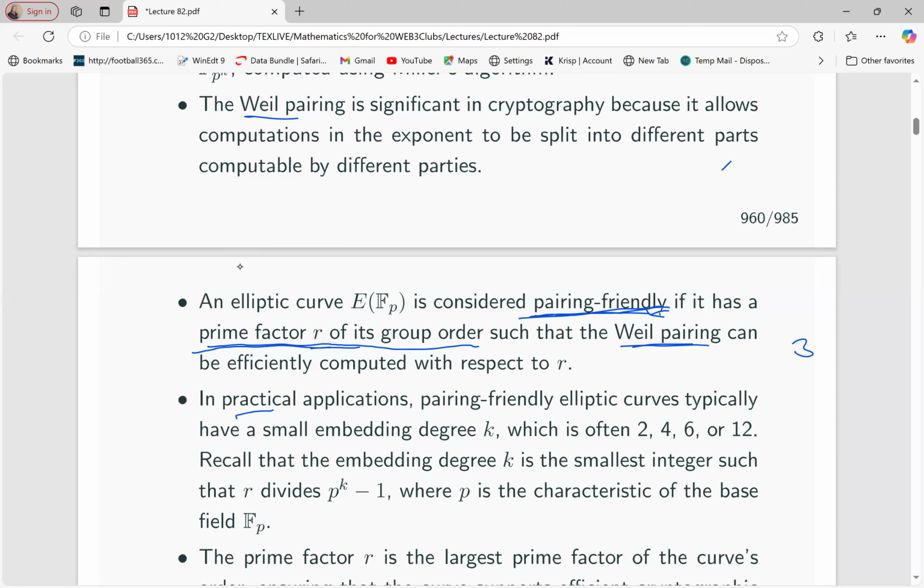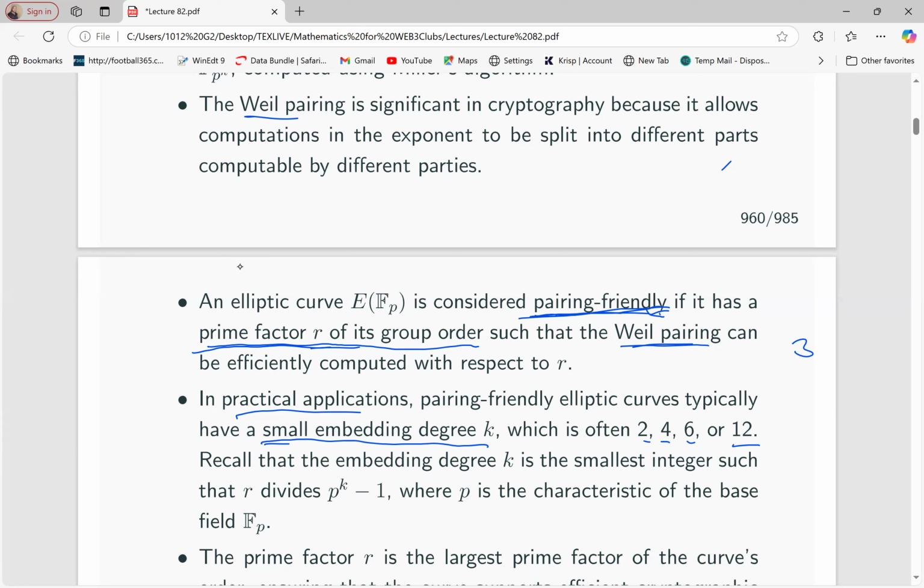In practical applications, pairing-friendly curves will be those that have a small embedding degree k. This embedding degree is always an even number. So it's either 2, or 4, or 6, or even 12.